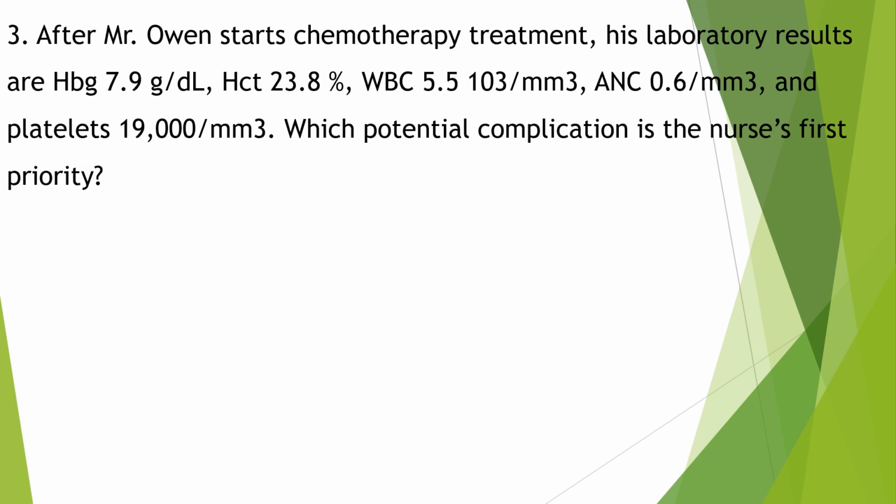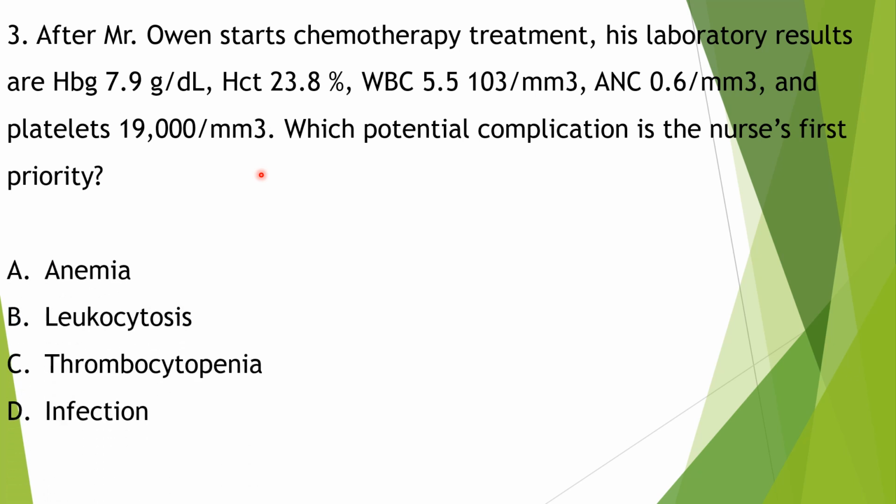After Mr. Owen starts chemotherapy treatment, his laboratory results are hemoglobin 7.9 gram per deciliter, hematocrit 23.8%, WBC 5.5 into 10 raised to 3 per millimeter cube, absolute neutrophil count 0.6 per millimeter cube and platelet 19,000 per millimeter cube. Which potential complication is the nurse's first priority?